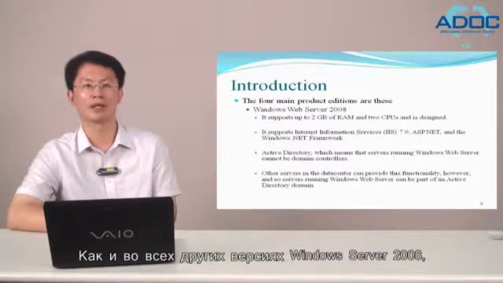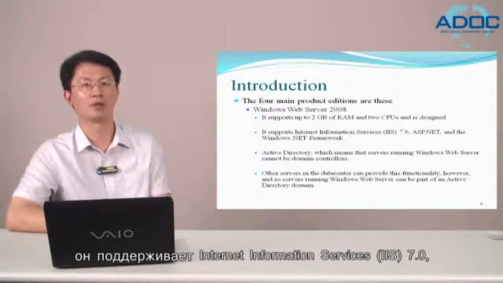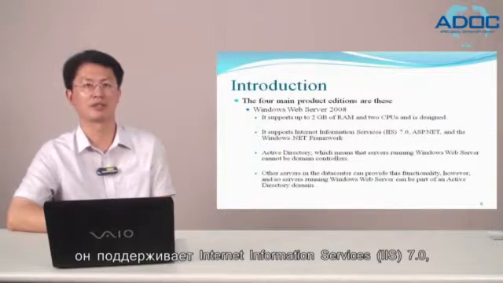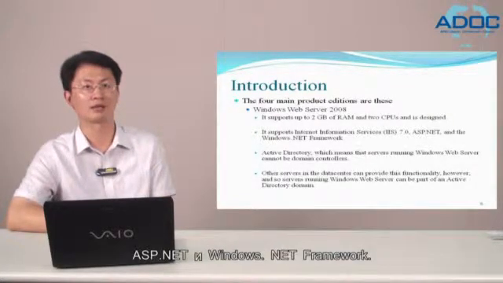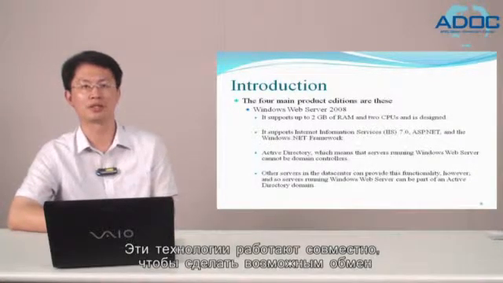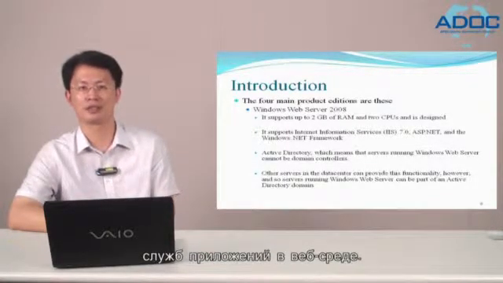As with all the other editions of Windows Server 2008, it supports Internet Information Services, IIS 7.0, ASP.NET, and the Windows .NET framework. These technologies work together to make the sharing of application services in web environments possible.